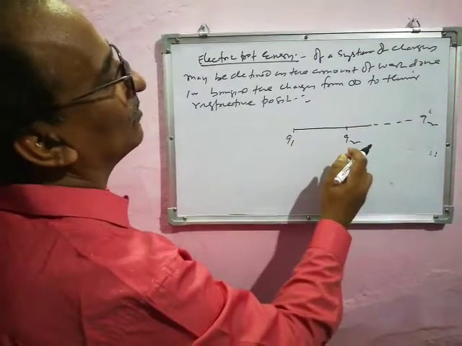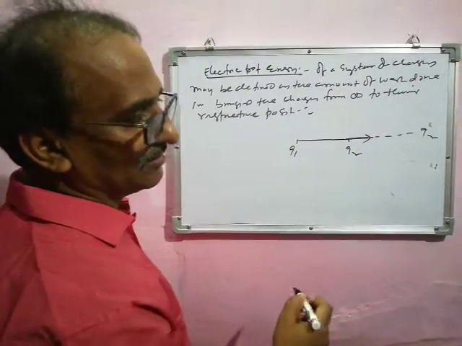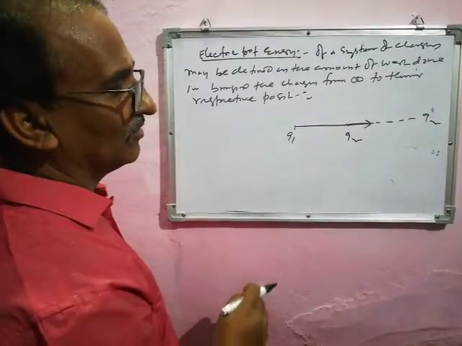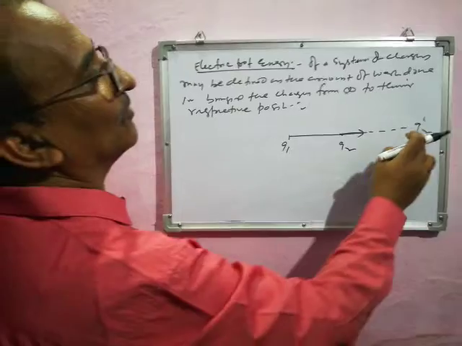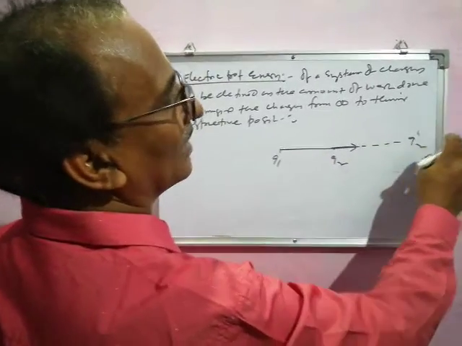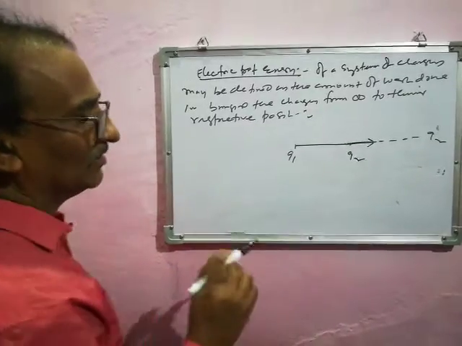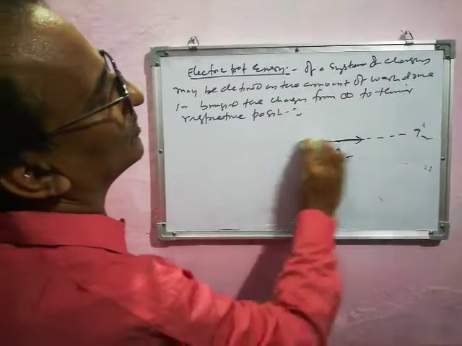If both are positive, this charge can repel the other along this direction, it means now it has the capability to do work, which was initially 0 when the charge Q2 was at infinite distance. Similarly, we can deduce the expression for more than two charges.